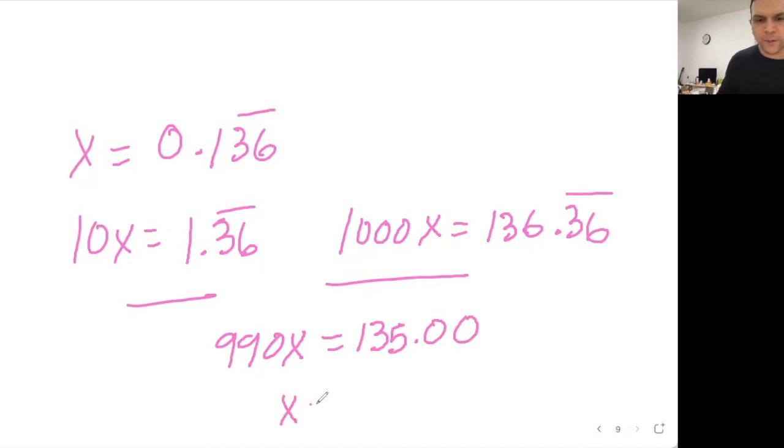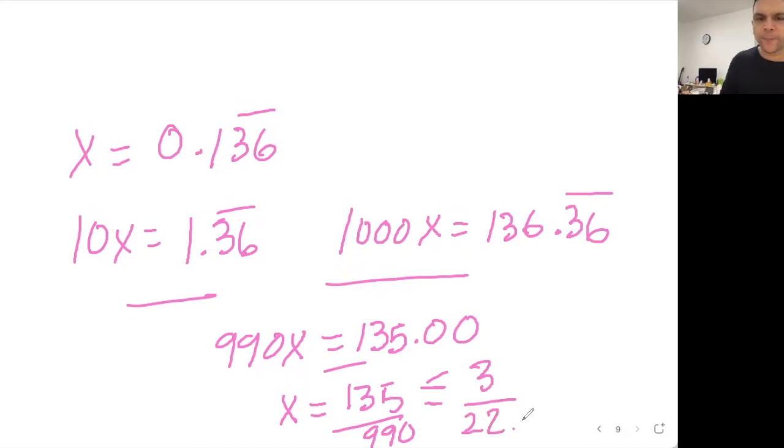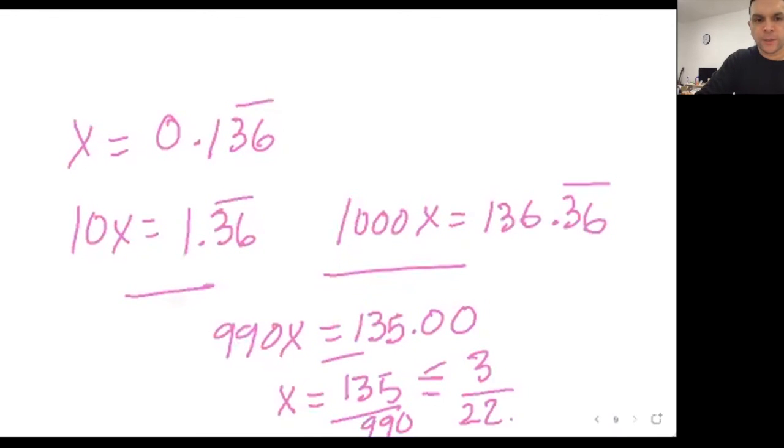Now I'm going to divide by 990. So 135 divided by 990 simplifies to 3/22.